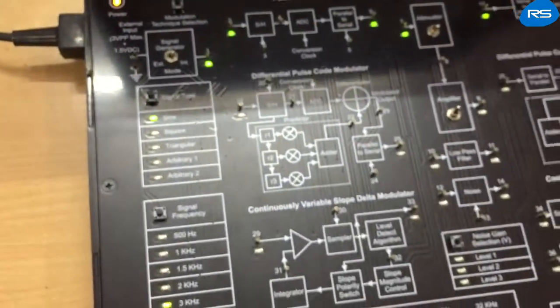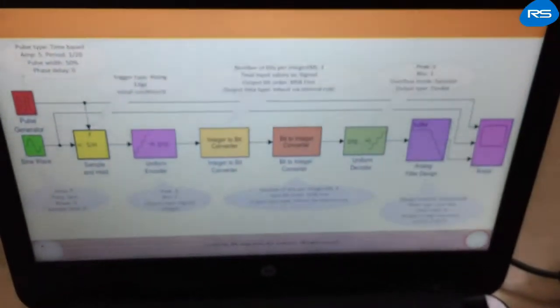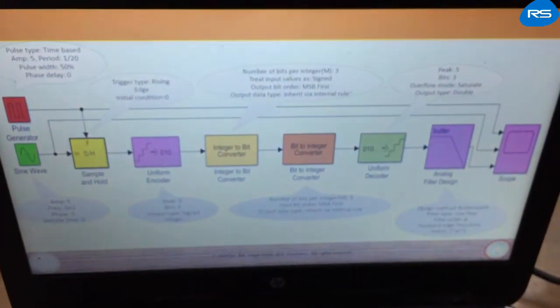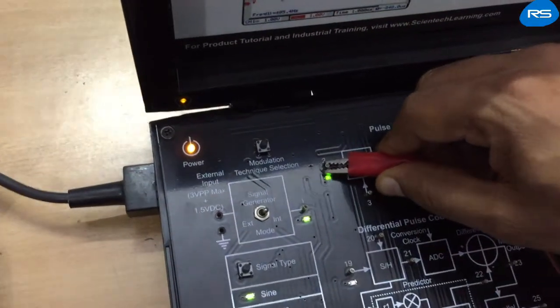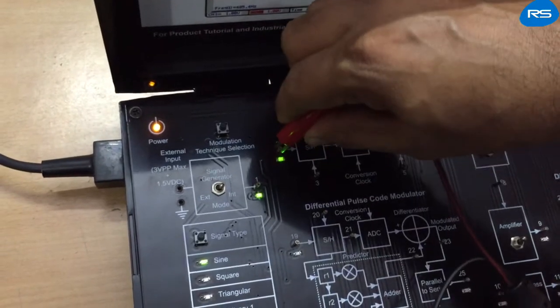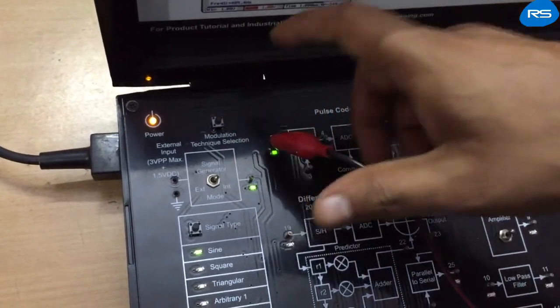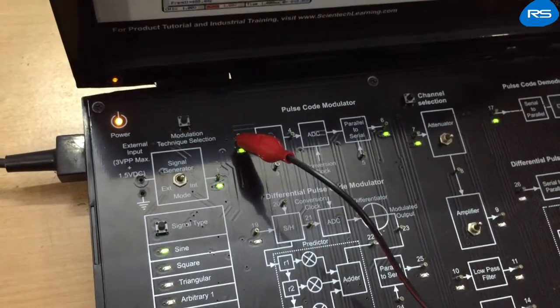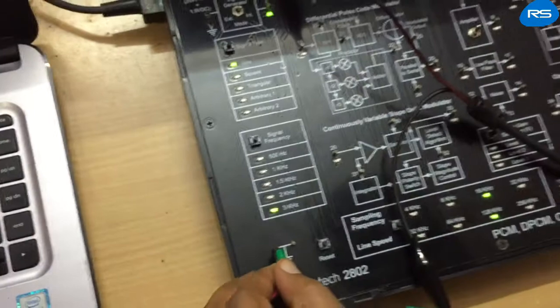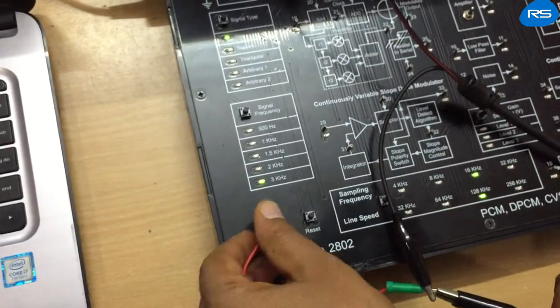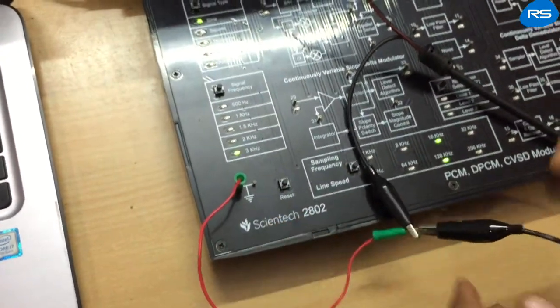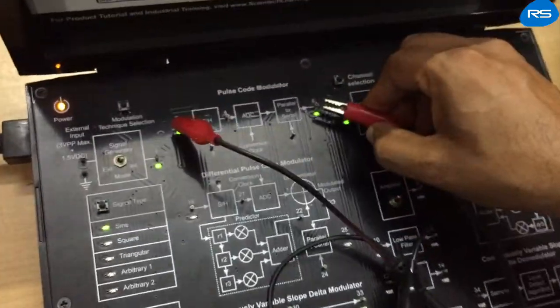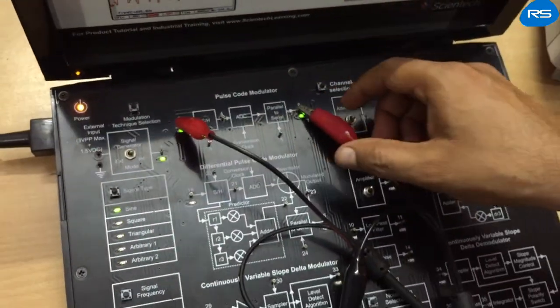So let us connect the CRO probes to respective positions. We will connect the input at point number 2 and the ground terminal is here, so we'll connect the probe ground terminal at this point and we'll measure the pulse code modulated output at pin number 6.